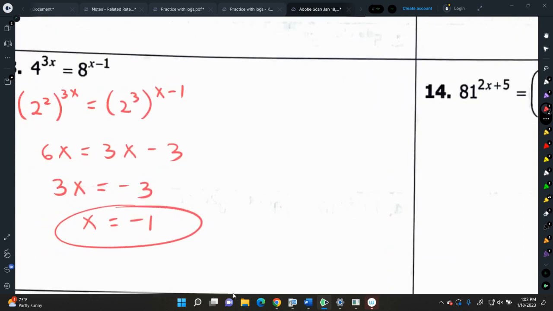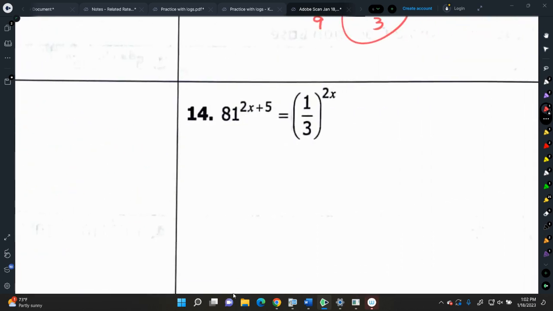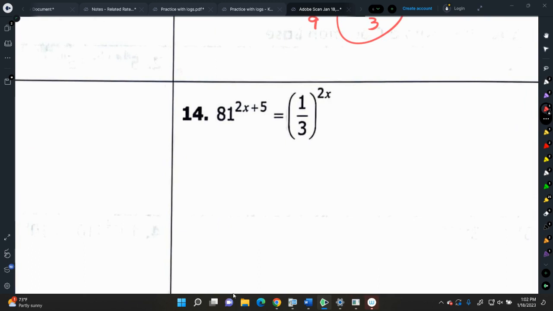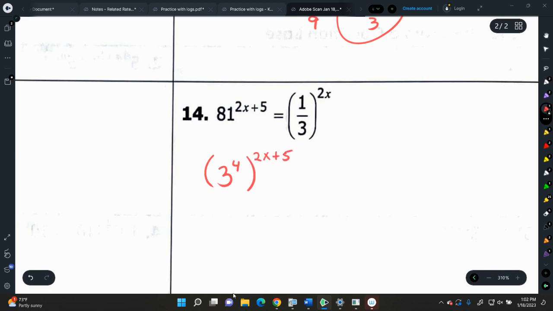Questions so far? Okay, how about 14? 81 is 9 squared, but it has to be a power of 3 because I can't write 1/3 as a power of 9. So 3 to the 4th is 81. And then 1/3, that's 3 to the negative 1.